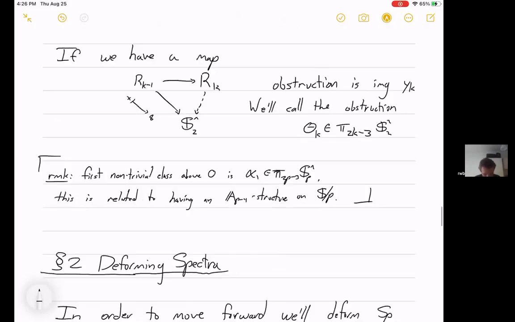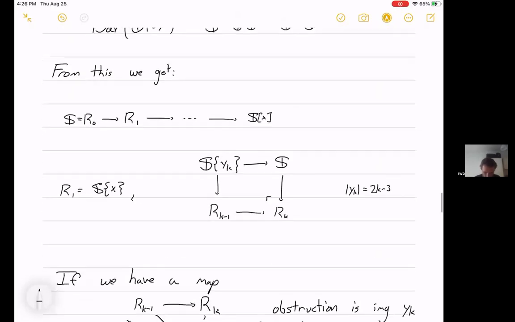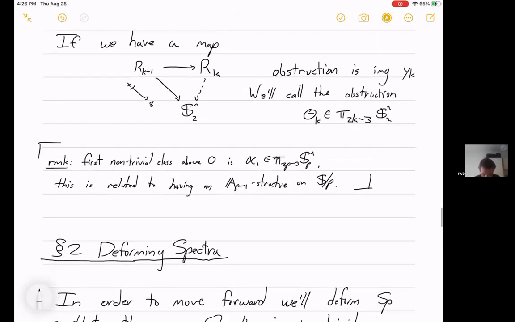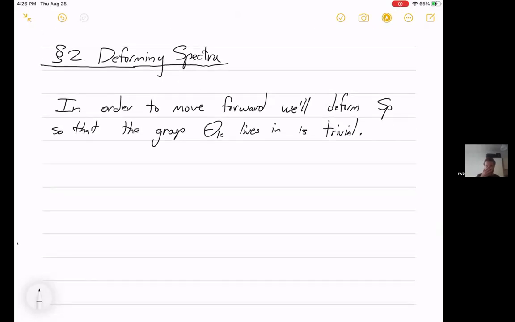Okay, so now we have our obstruction theory set up, we have a sequence of classes, and now we want to analyze those classes. And so we're on to section 2, deforming spectra. The thing is pi 2k minus 3 of the 2-complete sphere is just generally non-zero. And so we don't really know how to proceed, unless we really dig into it and learn how to compute these obstructions.